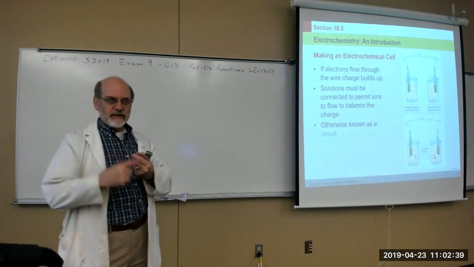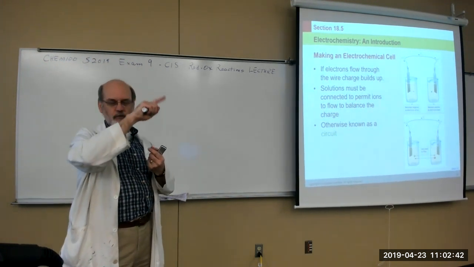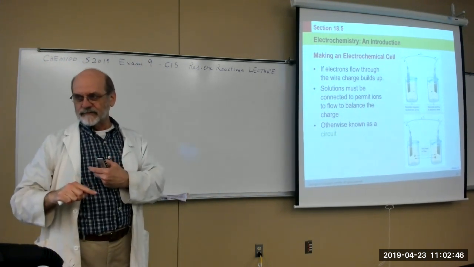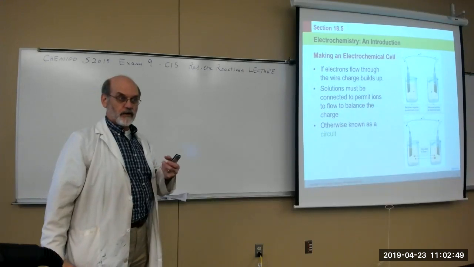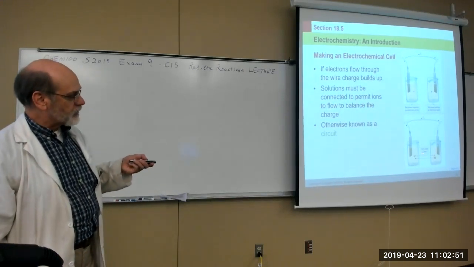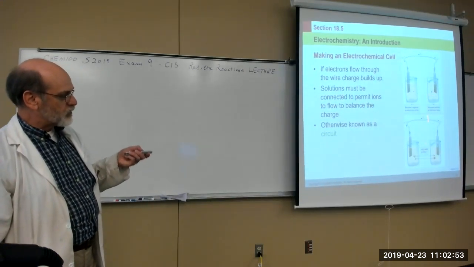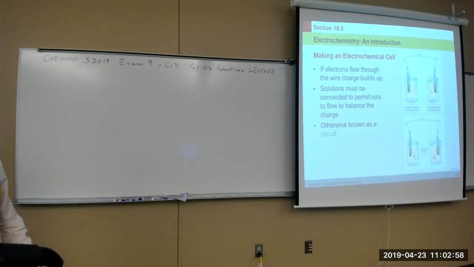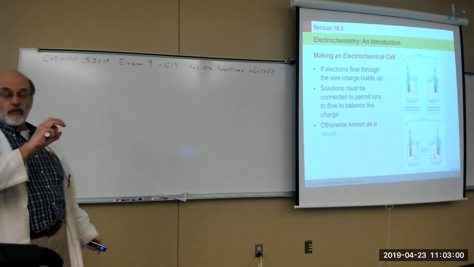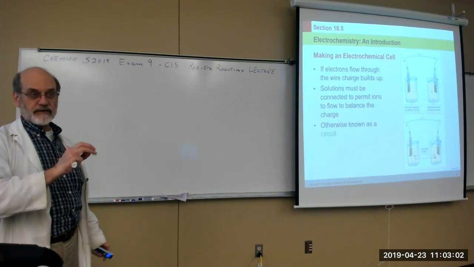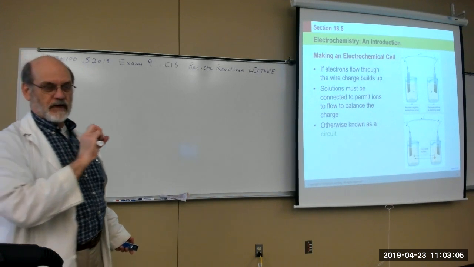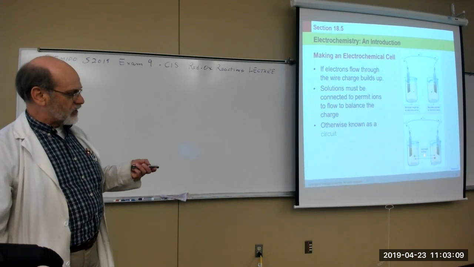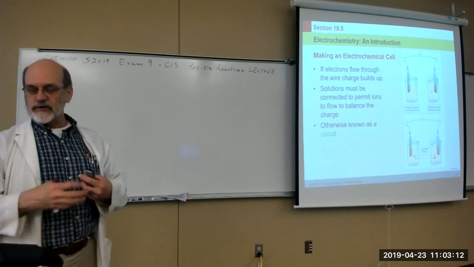That is, you have a complete pathway from one point all the way around back to that same point for the flow of electrons. So what we need is a way to connect these two together. You could do it with a porous disc in between, because you don't want the solutions to mix. If you let them mix, then you've lost your advantage, right? But you do want to provide a pathway for the exchange of ions so that the charges can balance.